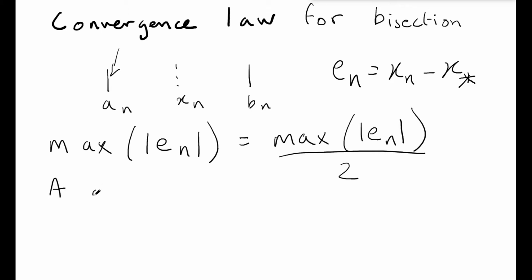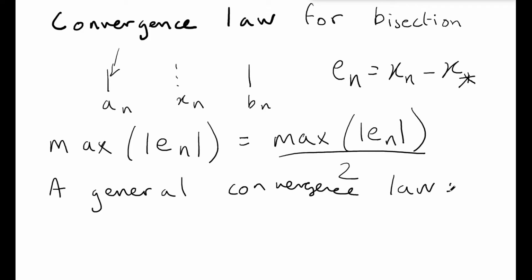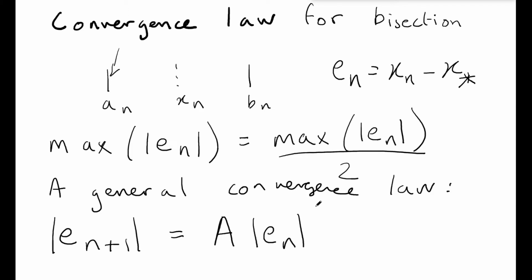A general convergence law has the form that, say, we just look at the absolute value of error, it doesn't have to be the maximum value, it's the same idea. The error e_{n+1} is some constant a times e_n to the power of q.